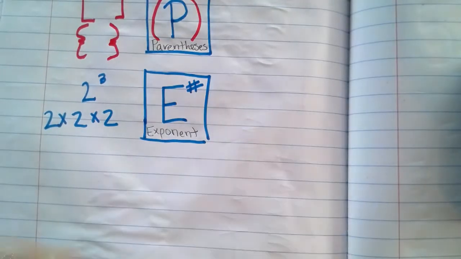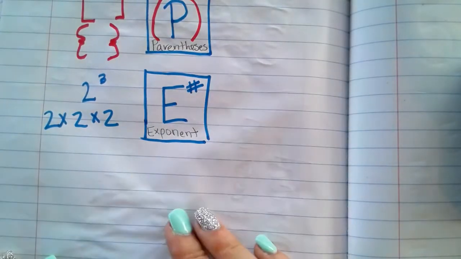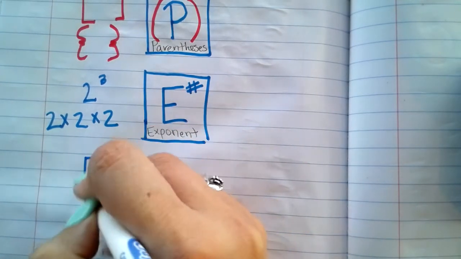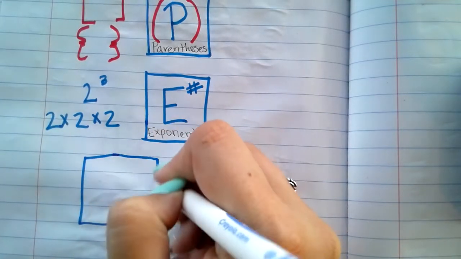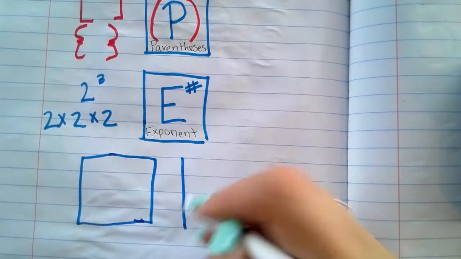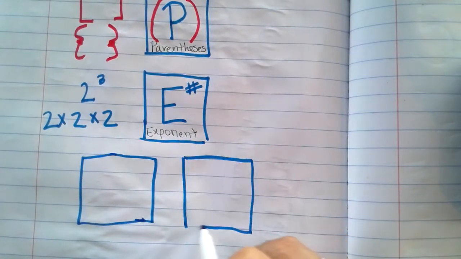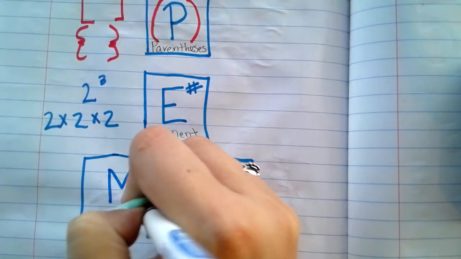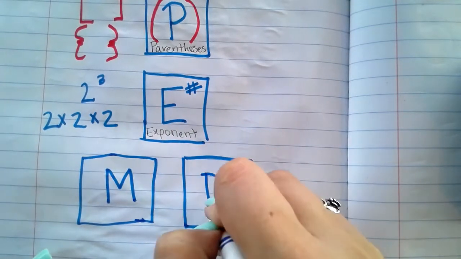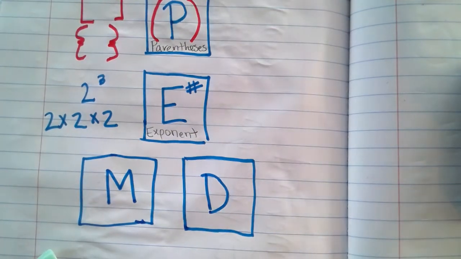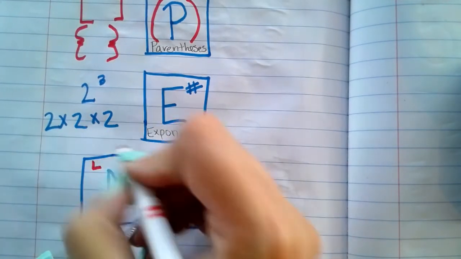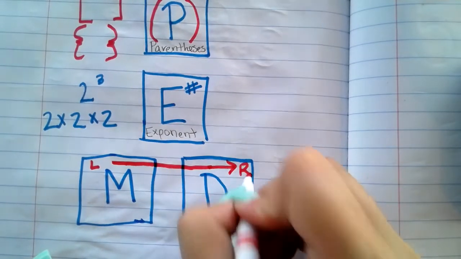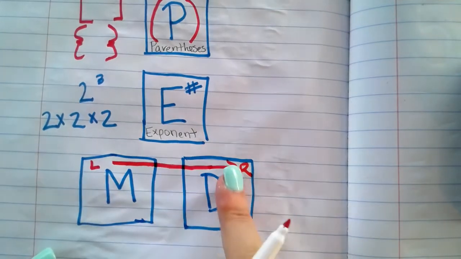So I'm going to go down again, and I'm going to make myself 2 little boxes, but just like this. What do we think these are? Okay, we're going to put an M in this one and a D in this one. But then I'm going to also write L and then put an arrow all the way across over here to R. That's going to stand for left to right.